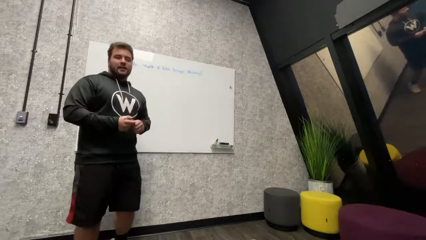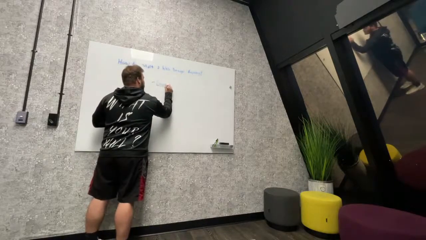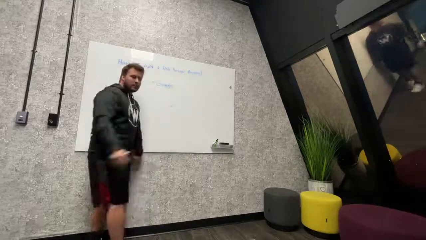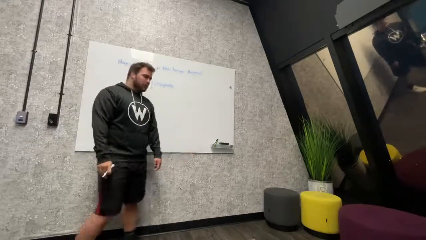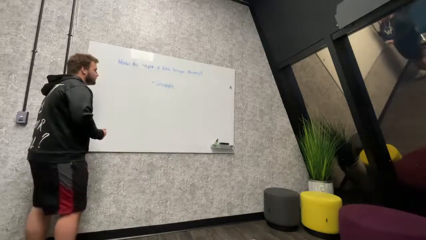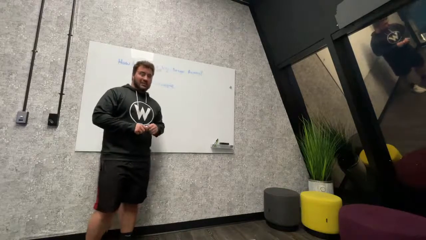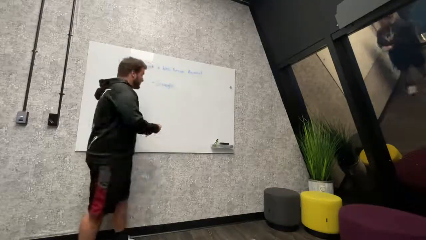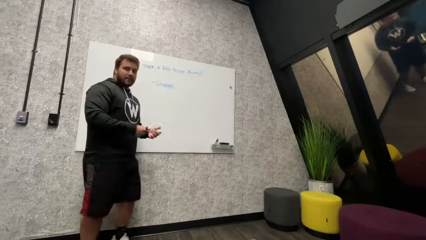So the big thing and the easiest is Google. It's pretty simple. Keep it simple, stupid. So you can actually look at Google to find local service-based businesses. All you have to do essentially is go to Google Maps and type in plumber.